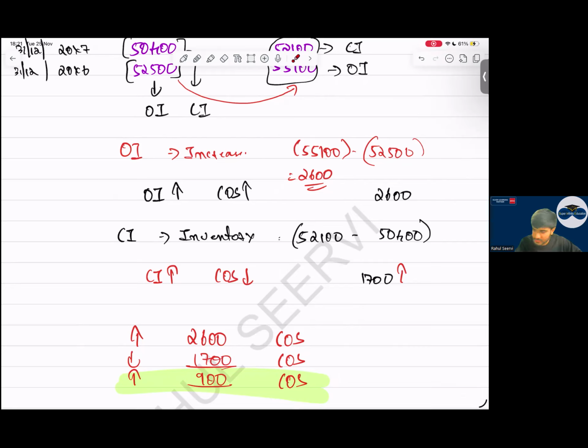What is the value of the cost of sales? 2,600. Yes, sir, 2,600. My closing inventory is increasing, so my cost of sales will come down. So my net increase is 900. Yes. So that is the reason.